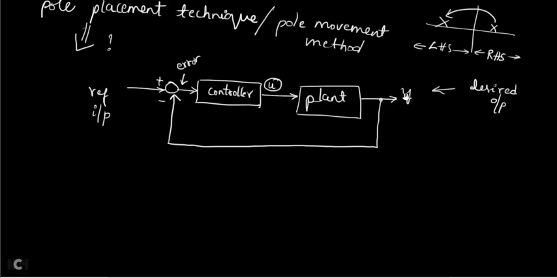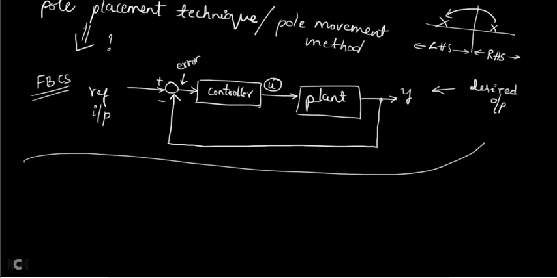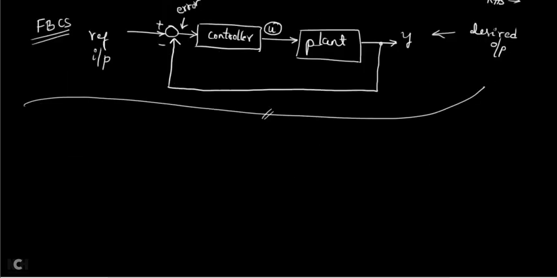You get this because of closed loop control, or the feedback control system. This method of designing a control system is called feedback control system design, FBCS.